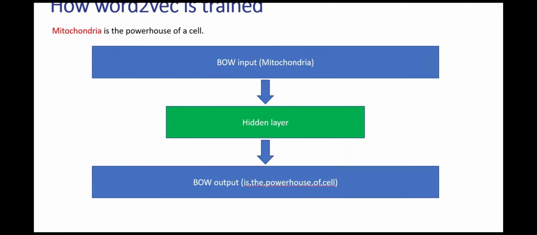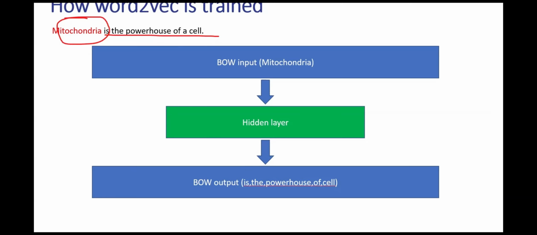For each document, we would begin by first taking the target word. For example, if we look at the sentence, mitochondria is the powerhouse of the cell, we could take mitochondria as the target word, and this becomes an input to the shallow neural network. Now, using this target word, we try to predict the words that appear closest to the word mitochondria. In this case, the words we want to predict are is the powerhouse of the cell.